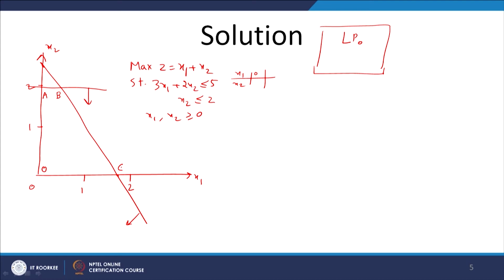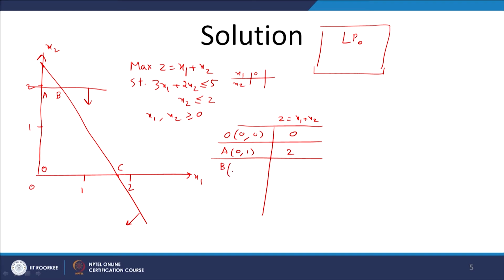So, therefore, what we have to see is the value. O is given by 0, 0 and the value of Z is x1 plus x2. So, it is 0. A is the point 0, 1, it is giving objective function value 2.